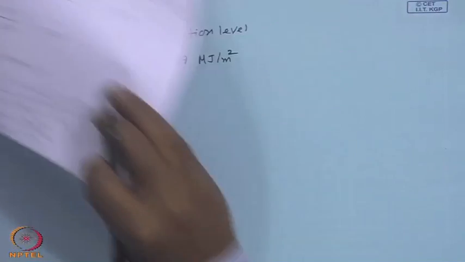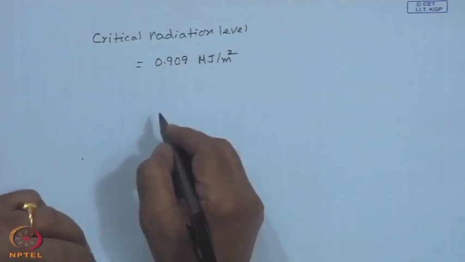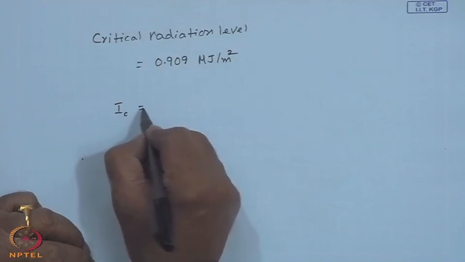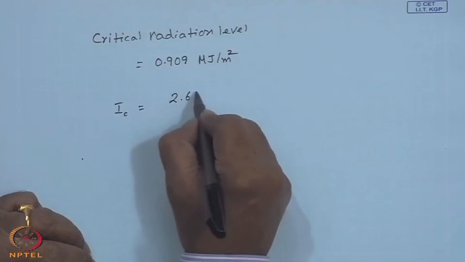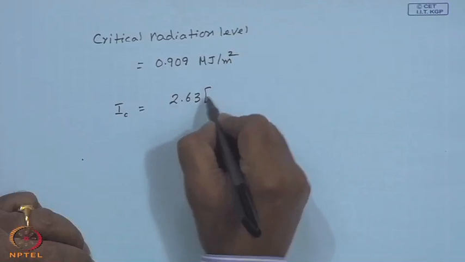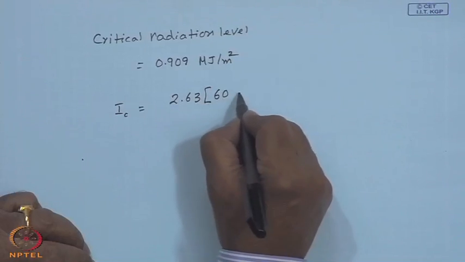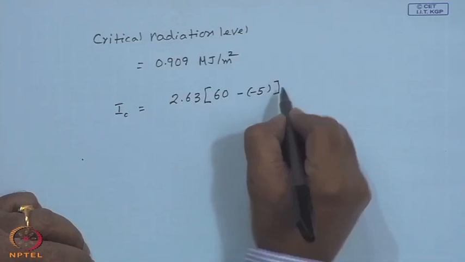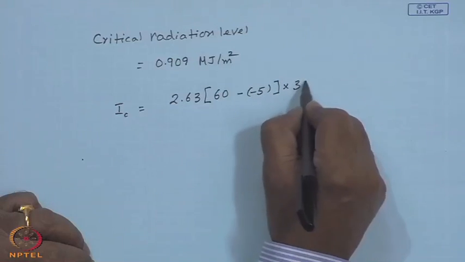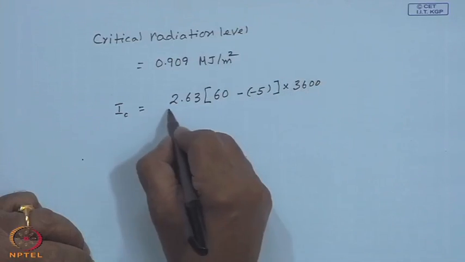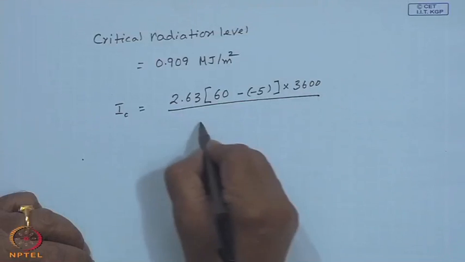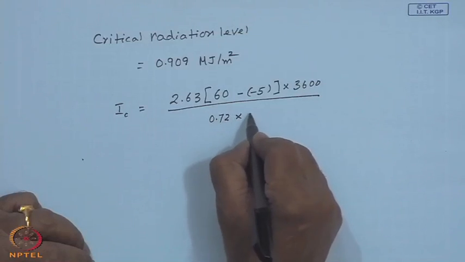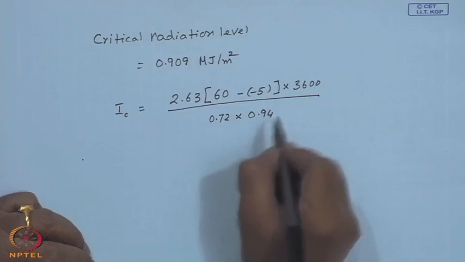This is where I wanted to continue from here. So, this IC equal to 2.63 times 60 minus 5 times 3600 upon 0.72 into 0.94.